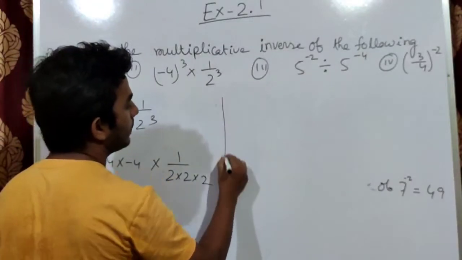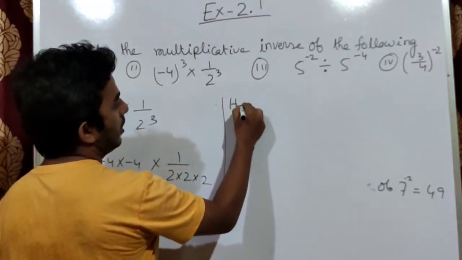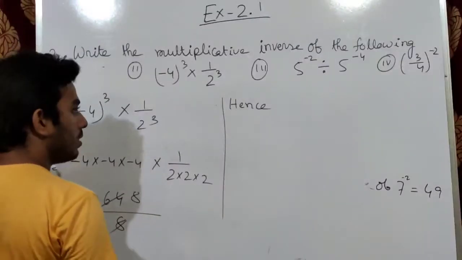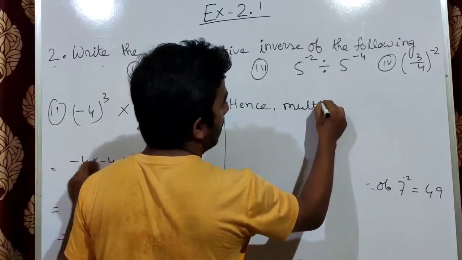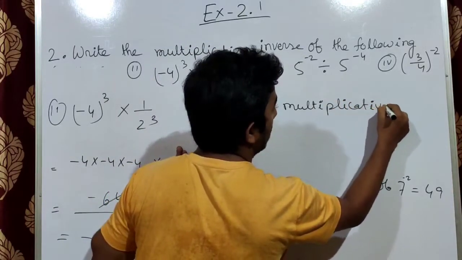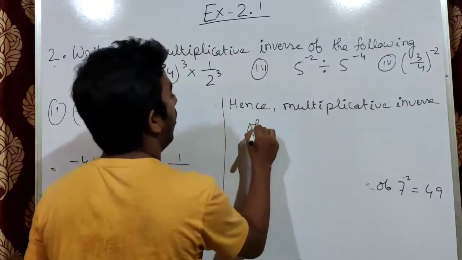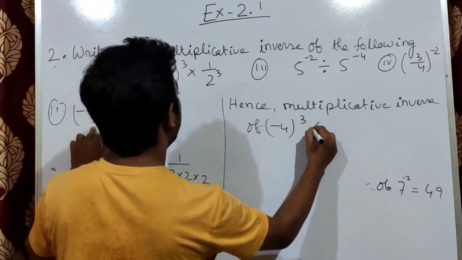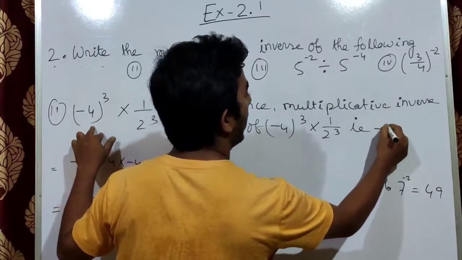So we will write, hence, the multiplicative inverse of (-4)^3 × (1/2)^3, that is -8.